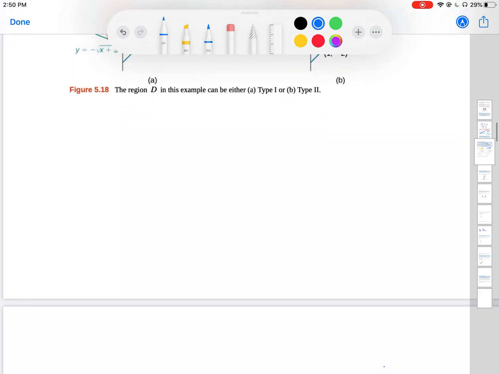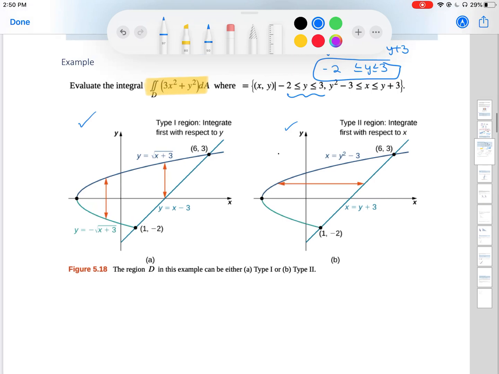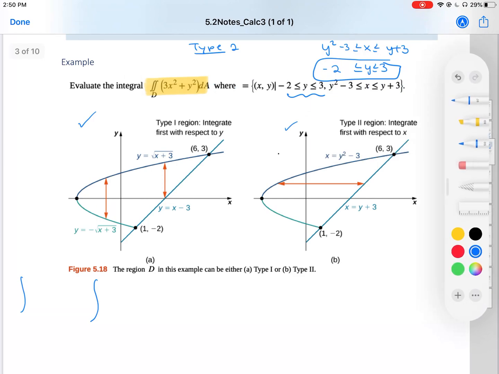So let's go ahead and integrate in terms of type 2. So we have the integral. Now if you'd like to, you can go ahead and label your values for your bounds. So if it's type 2, then x comes first. So we have x is equal to y plus 3, and x is equal to y squared minus 3.